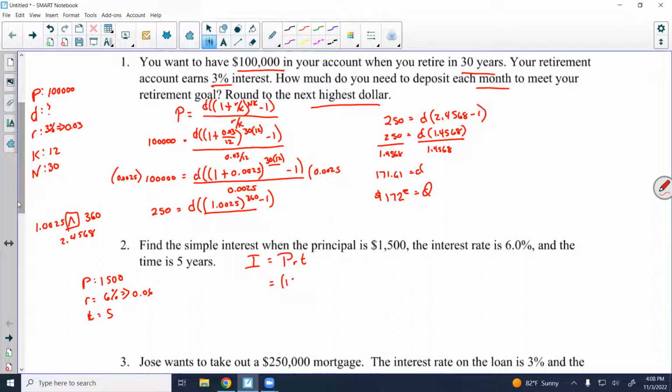So this is 1,500 times 0.06 times 5. That gives me $450.